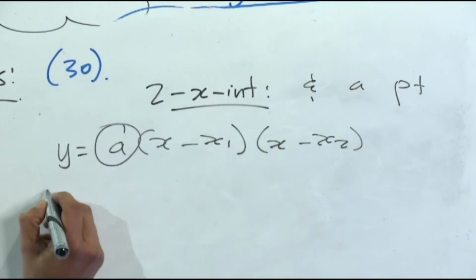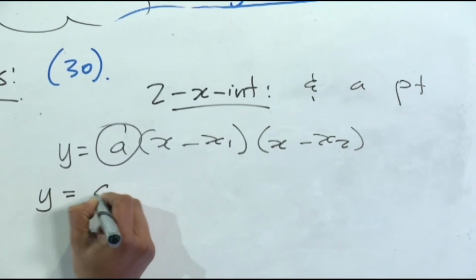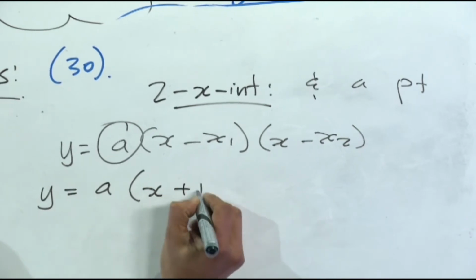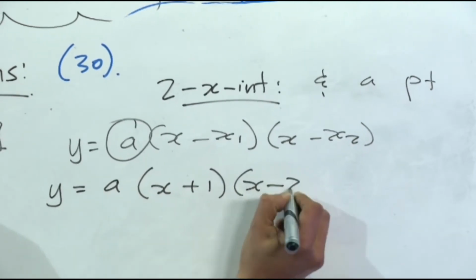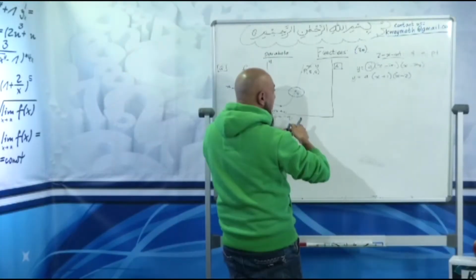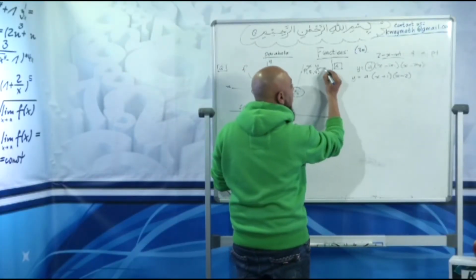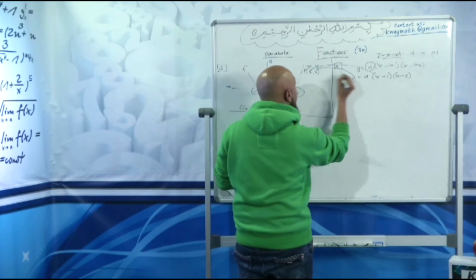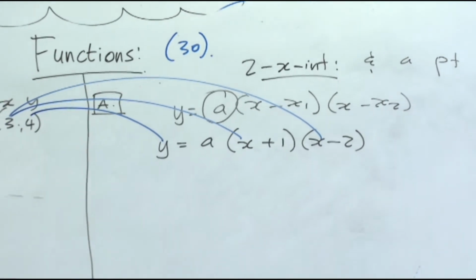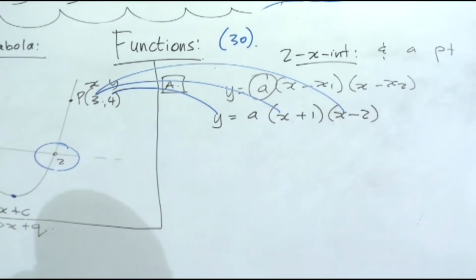So let's substitute. We've got y equals a into x minus x1, minus minus 1, plus 1, into x minus 2. Now we've got x and we've got y. We plug it in for x and y. There's your y value, there's your x value. We now need to solve for a. Remember, in an equation you need to solve for only one unknown.